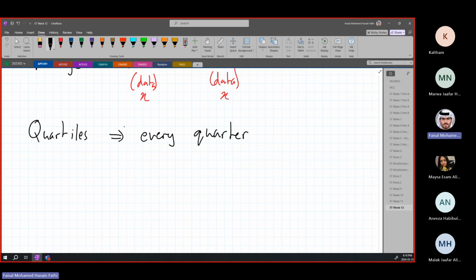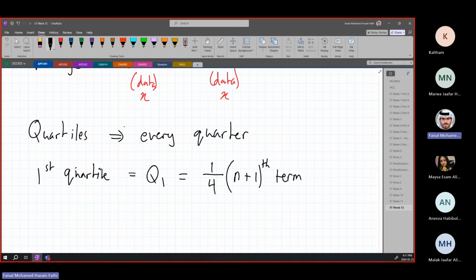You're going to have your first quartile, which basically is your Q1. That's how you usually name it. And this is going to be 1/4 of the value that you are trying to find, which is the (n plus 1)th term.